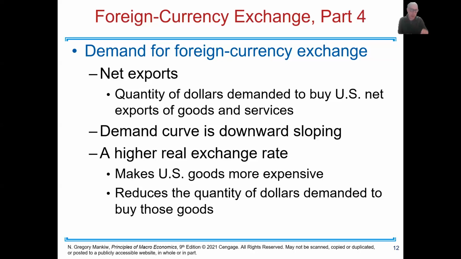The exchange rate has an effect on demand. It makes U.S. goods and services more expensive when the exchange rate is higher. It also reduces the quantity of dollars demanded when the exchange rate is higher. Makes sense. Higher rates, lower demand. Lower rates, higher demand.